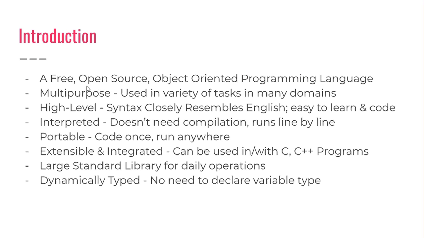And the third thing is object oriented. A bit of theory we will discuss because that will make us comfortable with what Python is. So object oriented means that it is using objects.